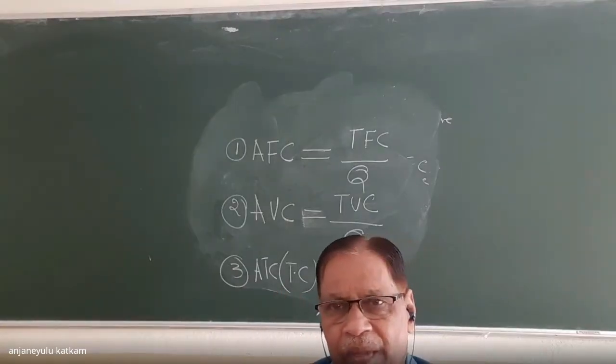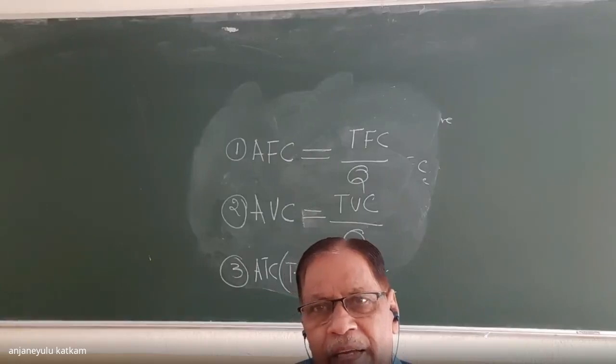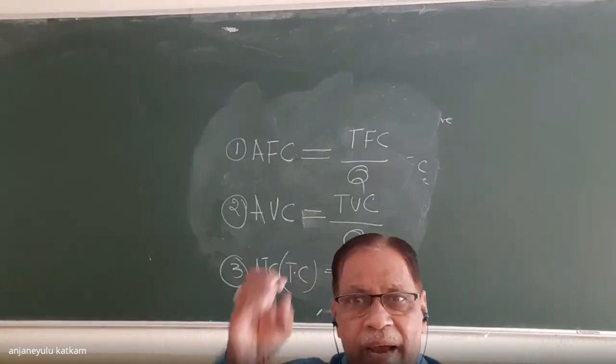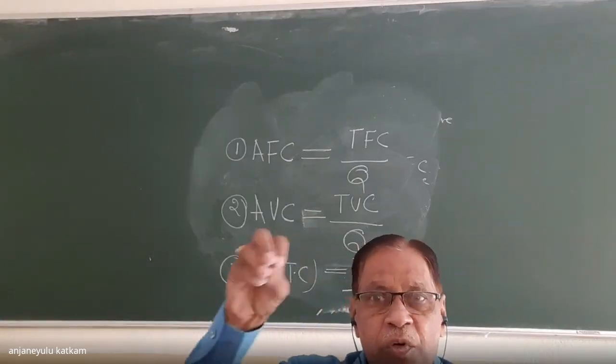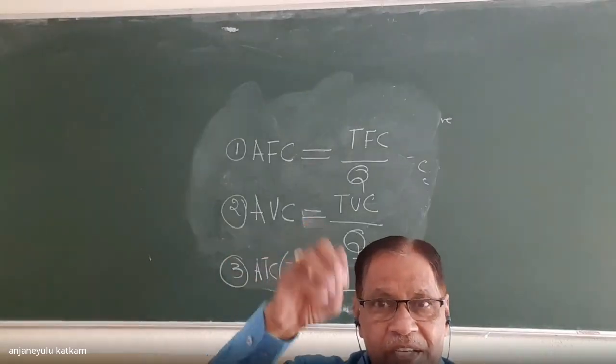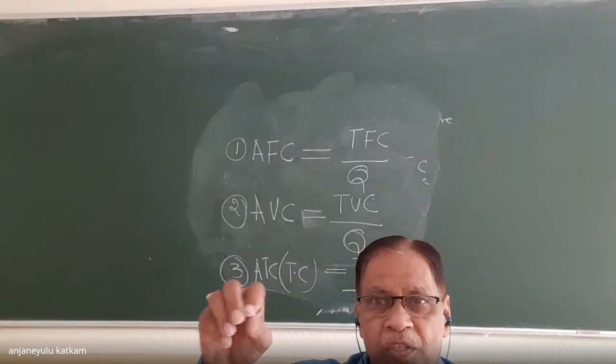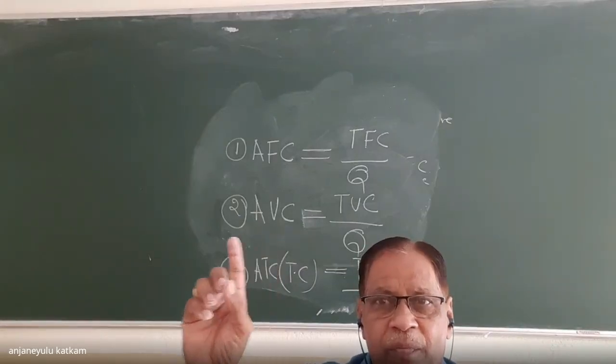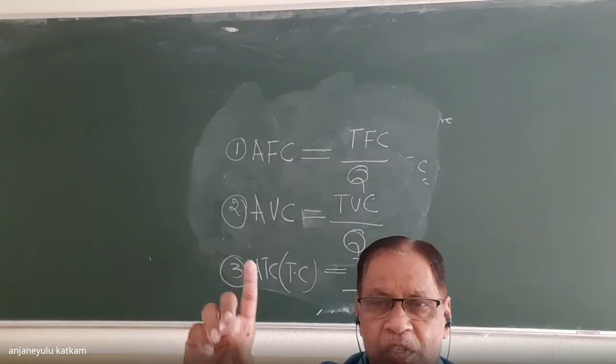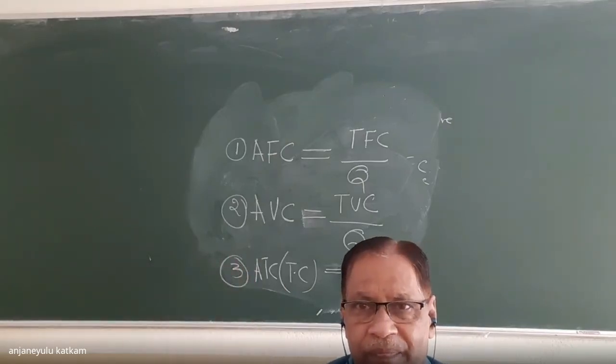That's all. Or we can also say marginal cost is the addition to the existing total cost caused by production of one more unit. That is the marginal cost.